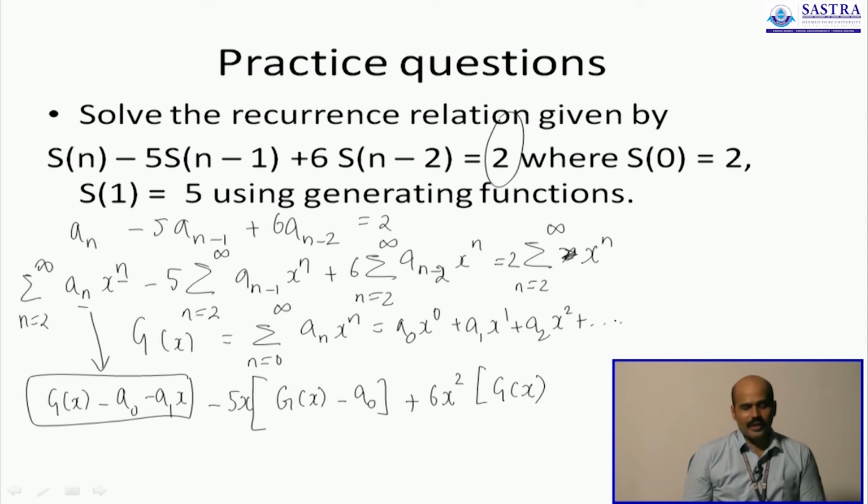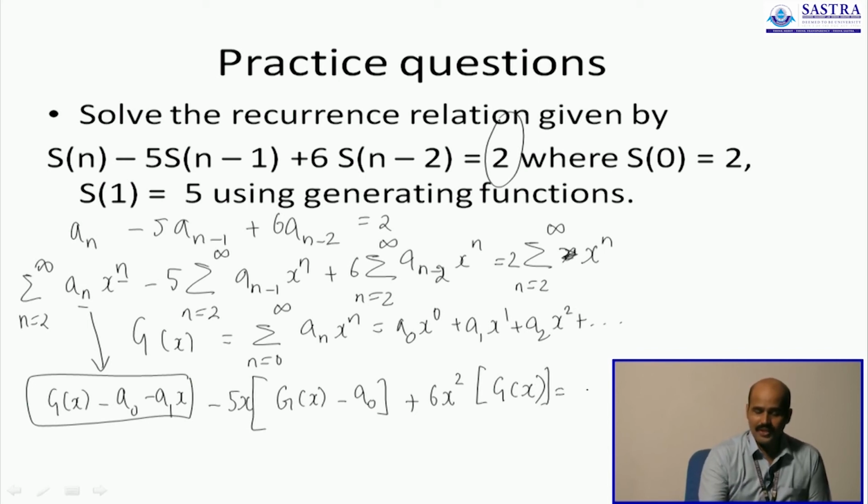Next up we can try and substitute, and on the RHS we do not have any g of x, we simply have 2 times the summation n is equal to 2 to infinity x power n. We will simplify that shortly.